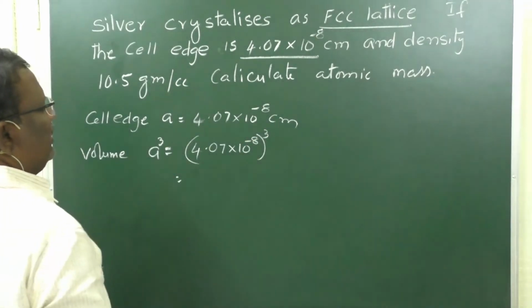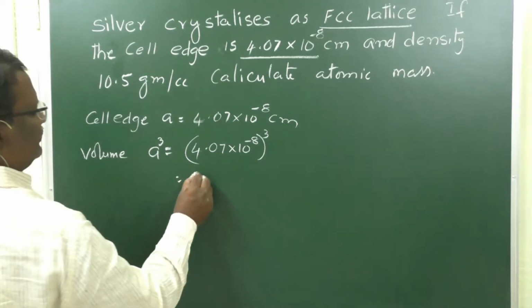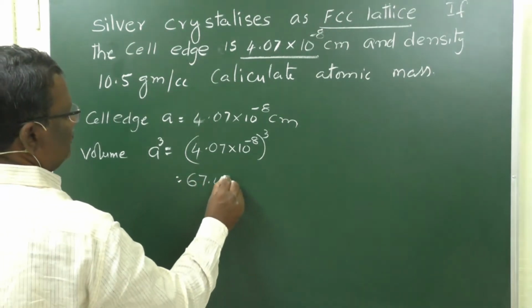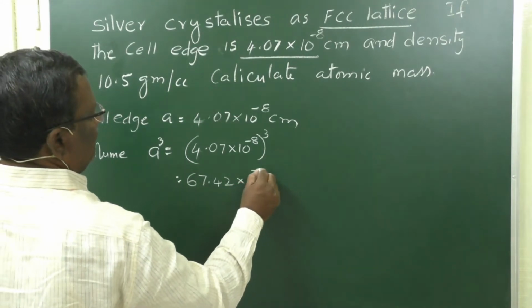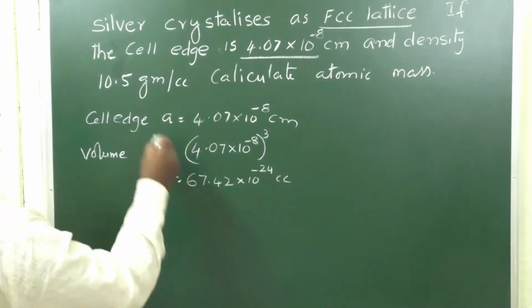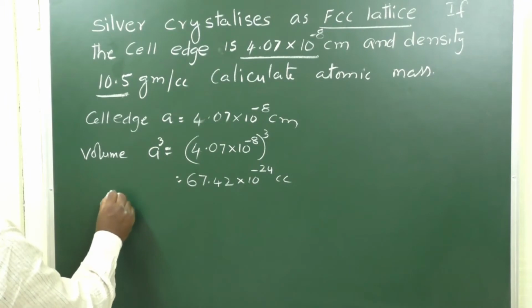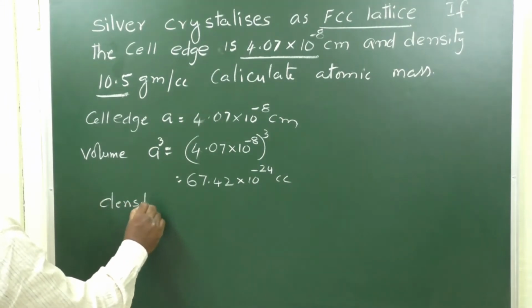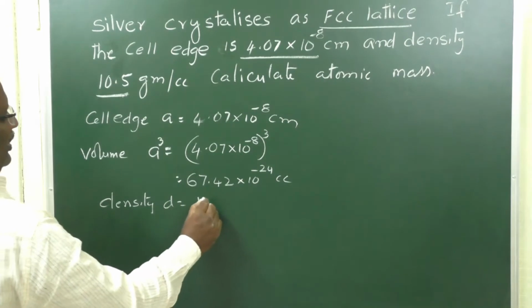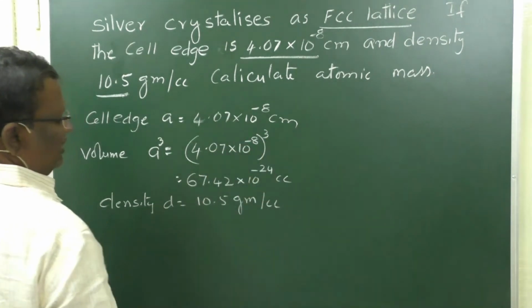On simplifying, you will get the volume of the cube. So, the volume of the cube is 67.42 × 10^-24 cubic centimeters. Here they gave us the density D as 10.5 grams per cc.